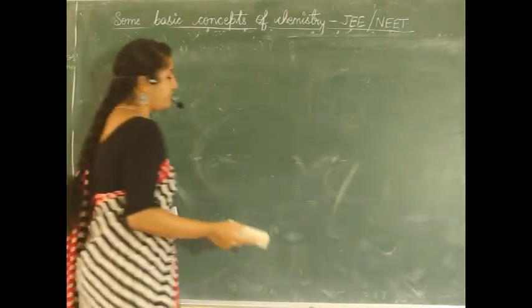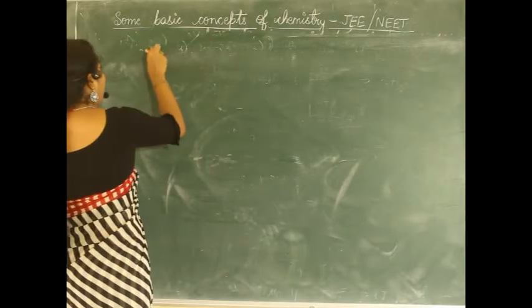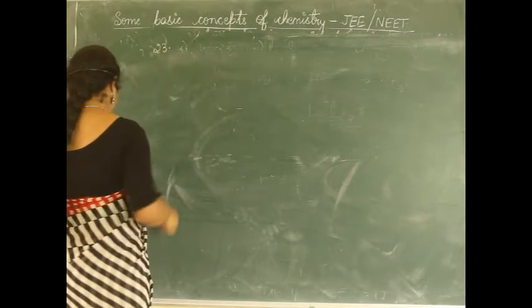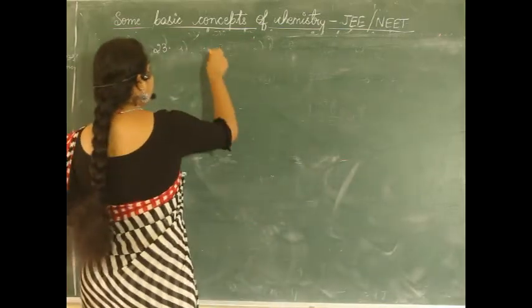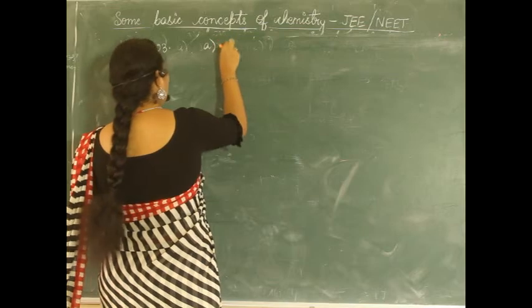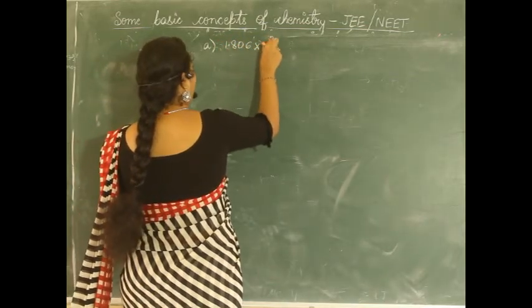Next question. In the next question you see the number of atoms in 0.1 mole of triatomic gas is, the options are, what are you supposed to find? Number of atoms in 1 mole of triatomic gas.